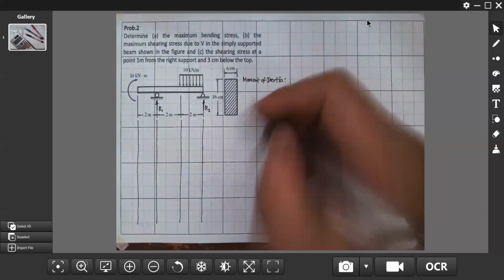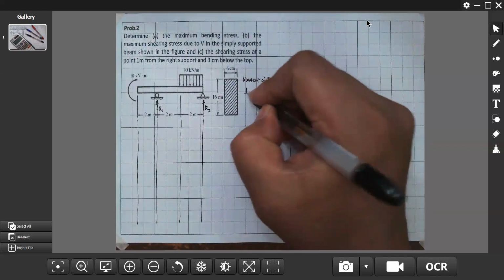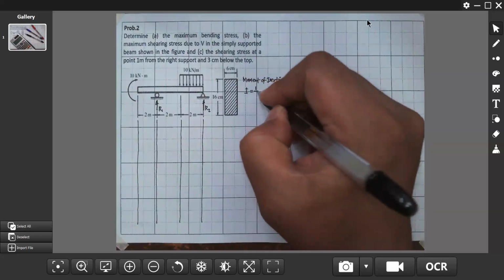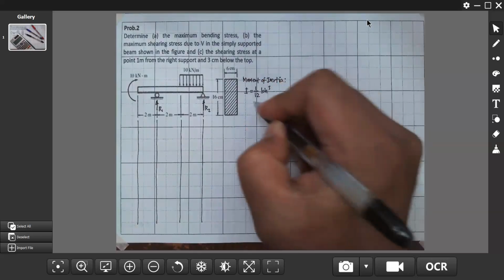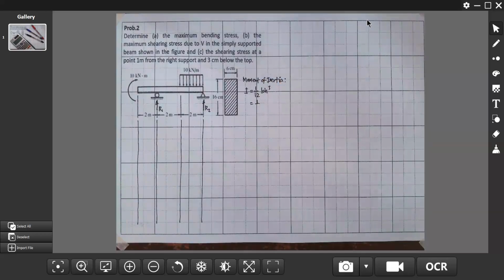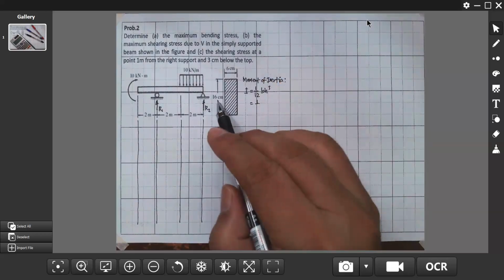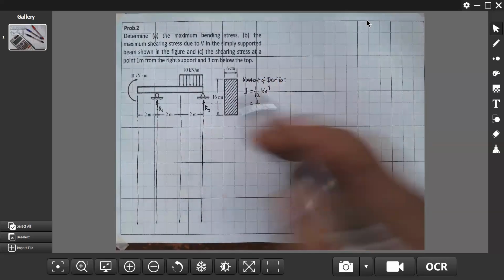Okay. Since this is a rectangle, the moment of inertia is 1 over 12 BH cubed. So it's 1 over 12, and let's use values in millimeters.